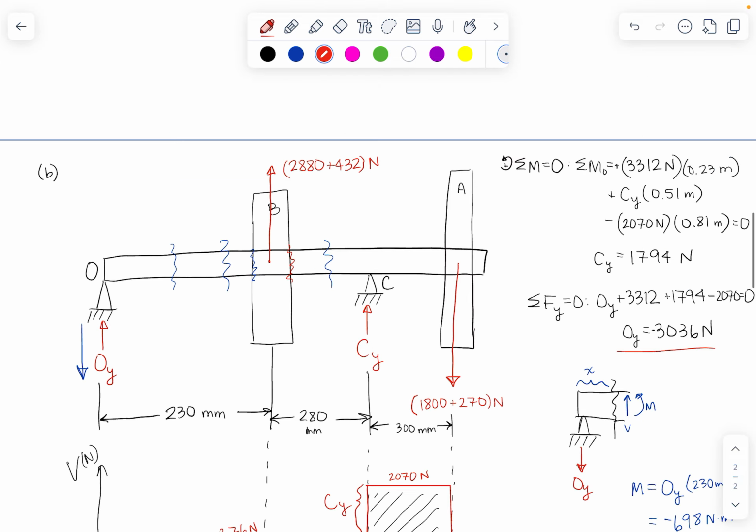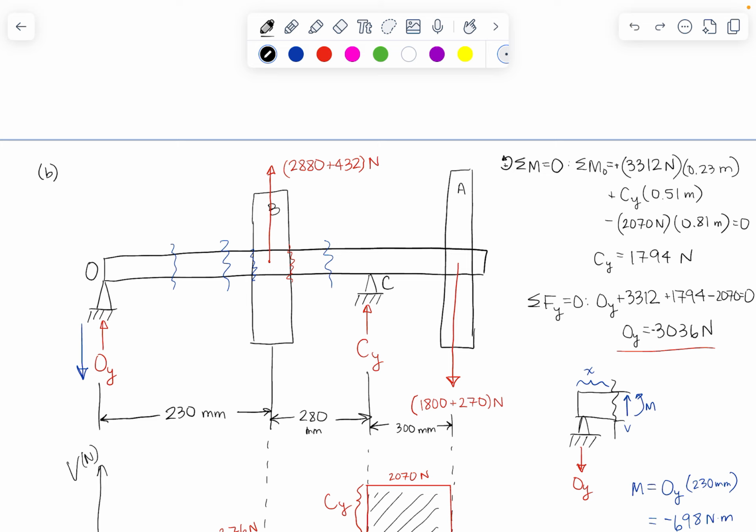Now, if we had a fixed condition on the end here, like if this were a cantilever and it had some reaction moment, then we would start with a moment here. And similarly, on the other end, if we had an applied moment to the end of this beam, then we should end at the magnitude of whatever that applied moment is.